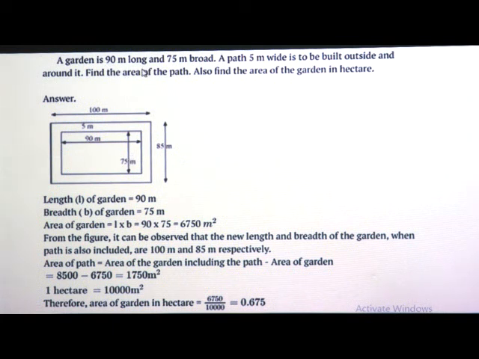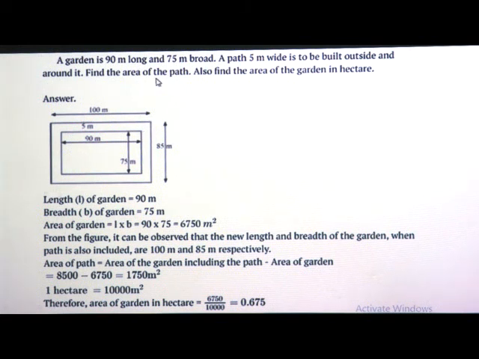A path 5 meter wide is to be built outside and around it. Outside means this is a garden, we have to build a 5 meter wide path outside the garden and around the garden. Around the garden means all the sides of a garden.